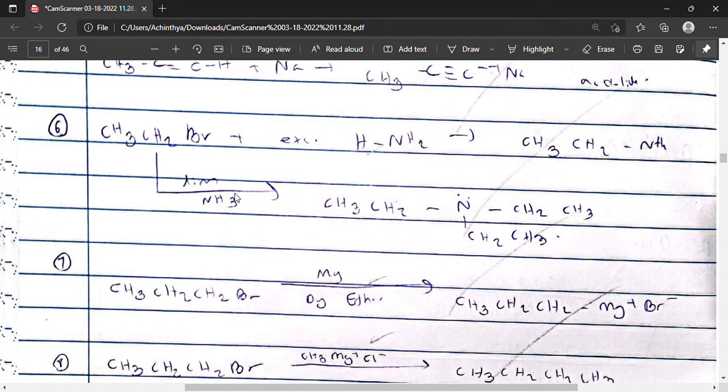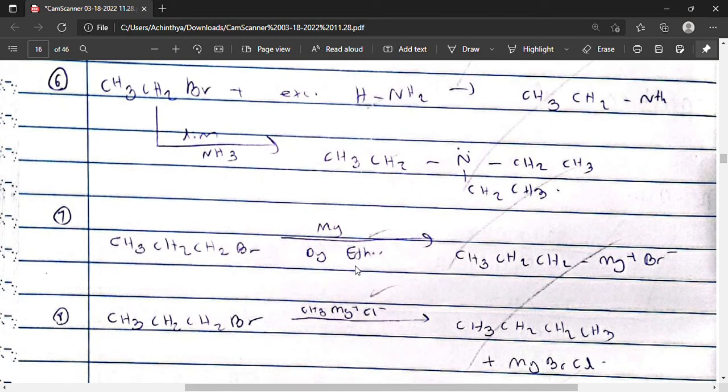If we were to use limited ammonia, all three of these H's will react with the bromines of three ethyl bromides to produce this big tertiary amine.